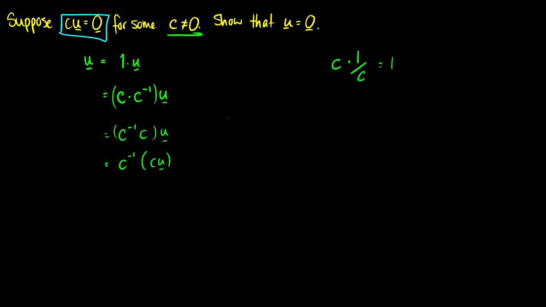So we know c times u is equal to the zero vector. Therefore, this is going to be equivalent to the inverse of c times the zero vector. What's the nice thing about the zero vector? Well, we know anything times the zero vector is just going to be the zero vector. Therefore, we have shown that u is equal to the zero vector.